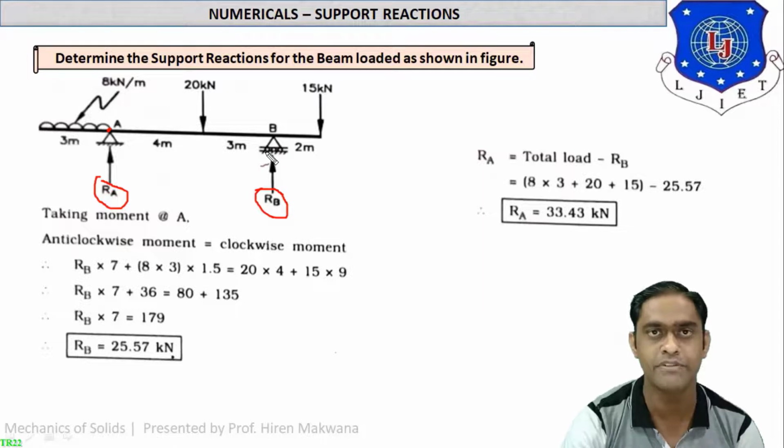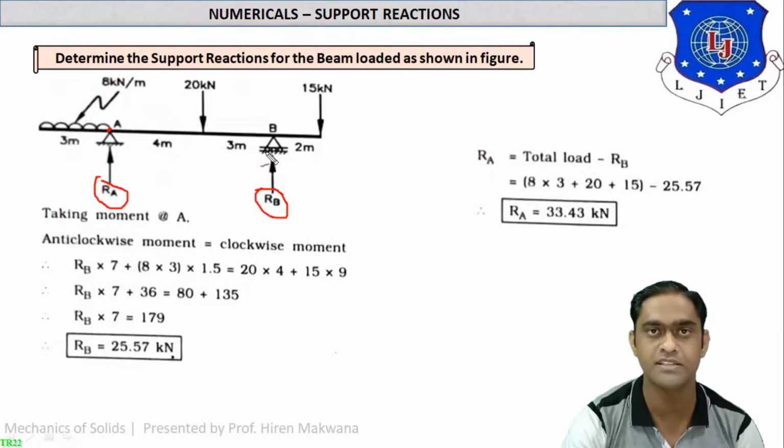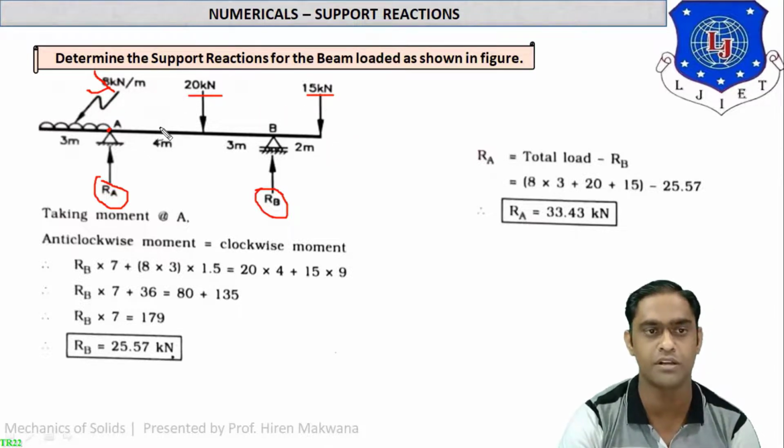What is the difference between simple and roller support and how it will affect, we will discuss in the next lecture. Now concentrate on the load. This is the UDL, 8 kilonewton per meter. This is a point load of 20 kilonewton and this is another point load of 15 kilonewton.